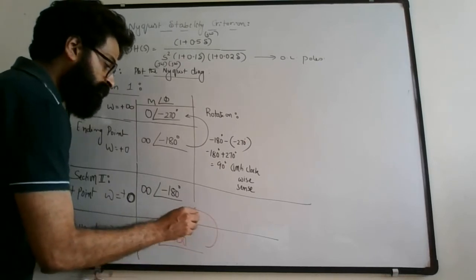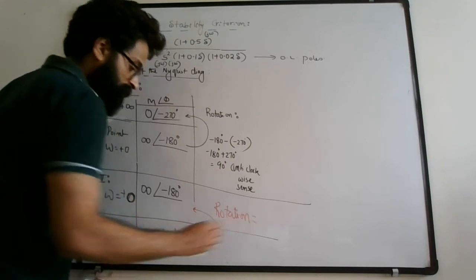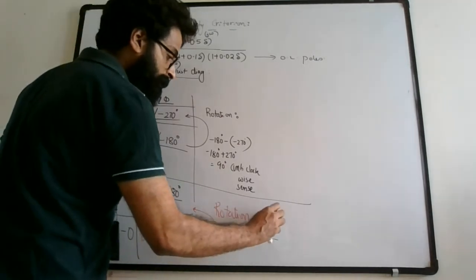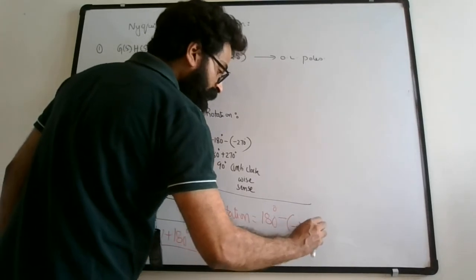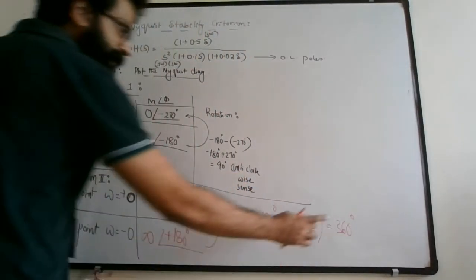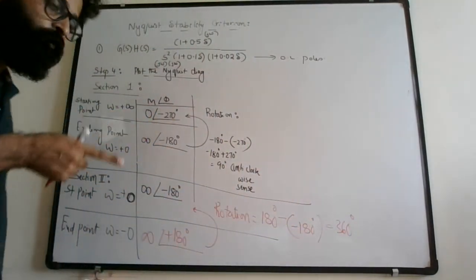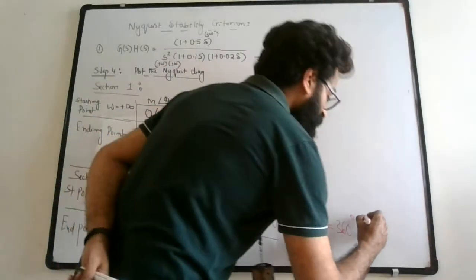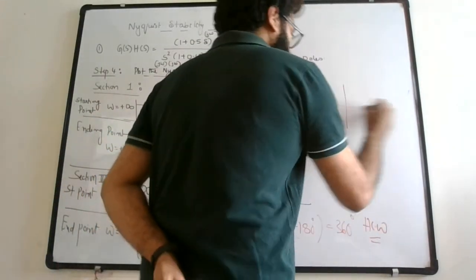So due to which, what happens to rotation? So rotation becomes 180 degree minus the previous angle, which is minus 180 degree, and which is equal to 360 degree. Again, the sign becomes positive. That means to say this rotation should be in the anti-clockwise direction. ACW, anti-clockwise direction.